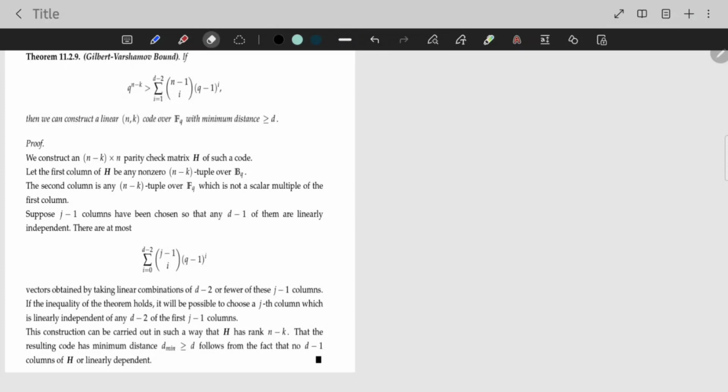That is, as I explained before, if the number of syndromes is greater than the number of error vectors, then we can find a code with minimum distance at least d.